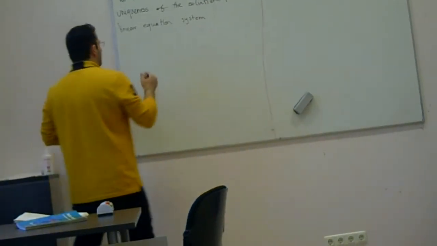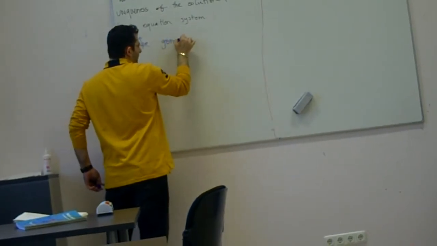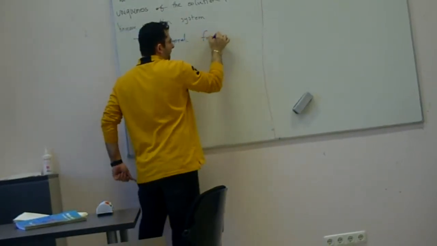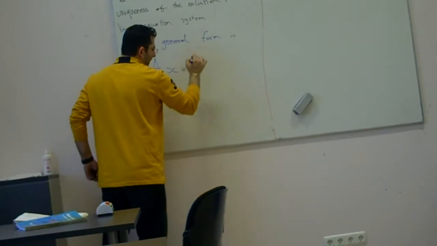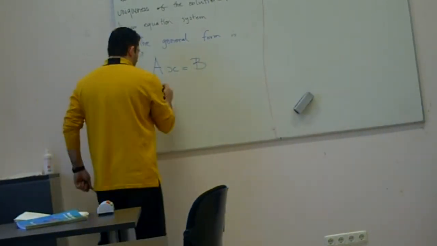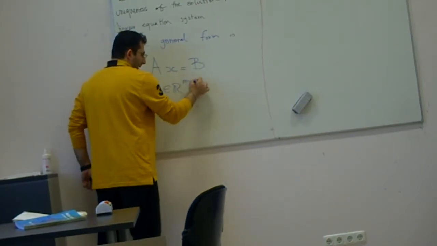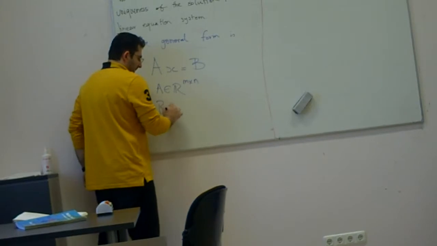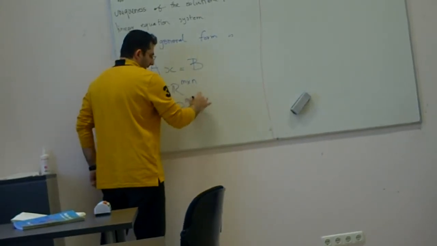The general form is Ax is equal to B, where A belongs to R m by n, and B belongs to R m by k.